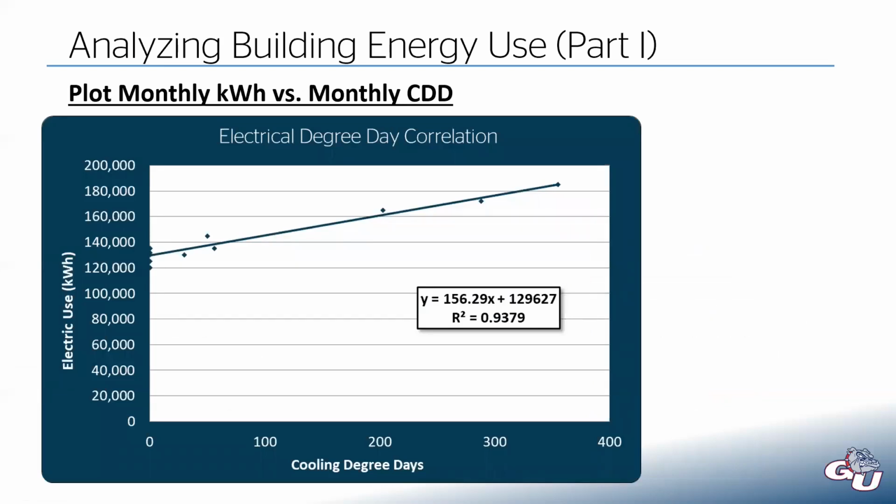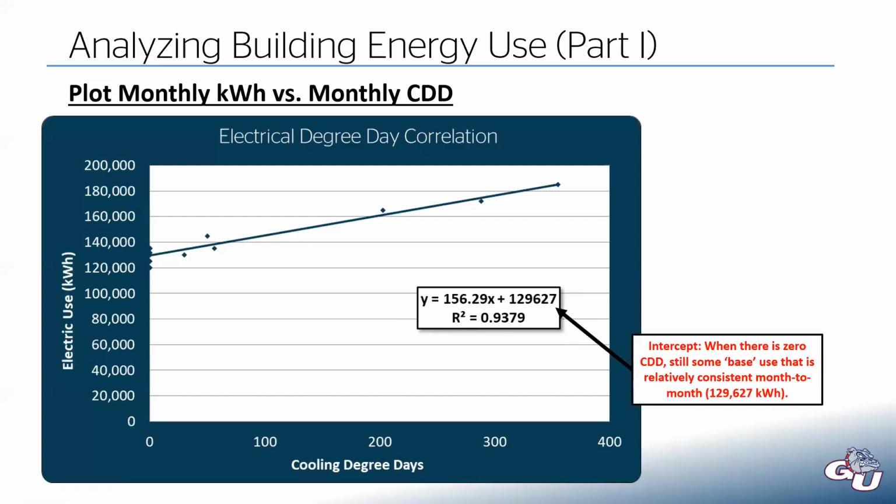Throw a little regression on there so that we can actually get an equation. And now that we have this equation right here, we can actually use this to predict how much electricity this building would use. So the intercept, 129,627, that'll be the base use.